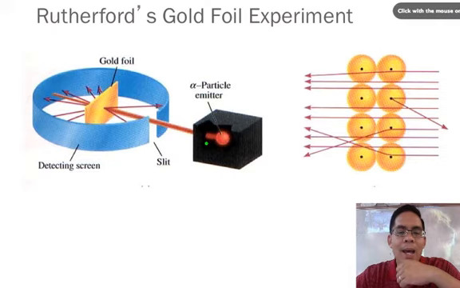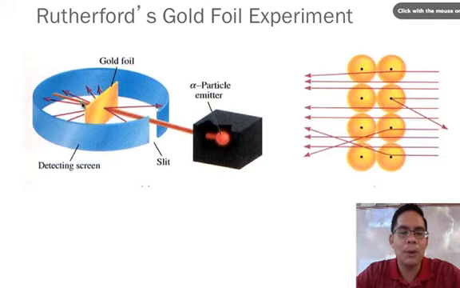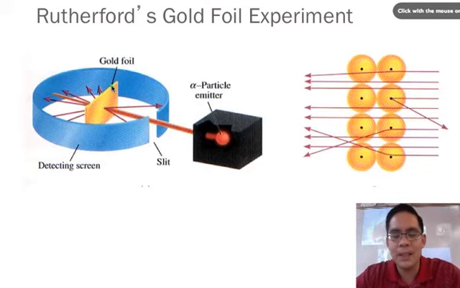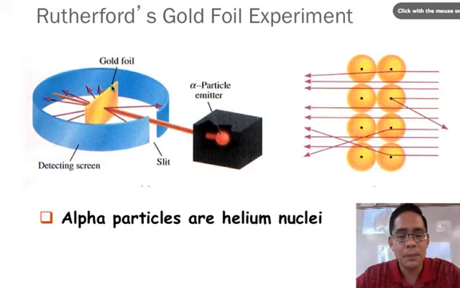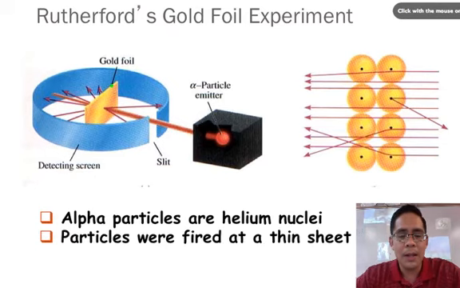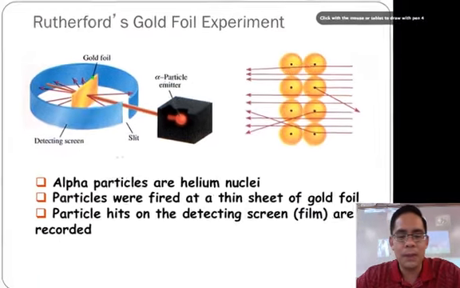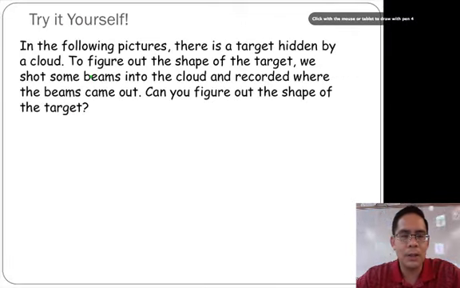And what turned out to happen was most of those particles went through the gold foil, which meant that whatever structure of atoms we had inside really kind of told them that maybe, because 99% of them went through, the particles were fired, of course, we talked about that, and then we have the screen on the other side.